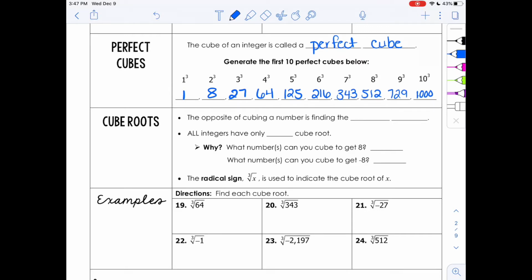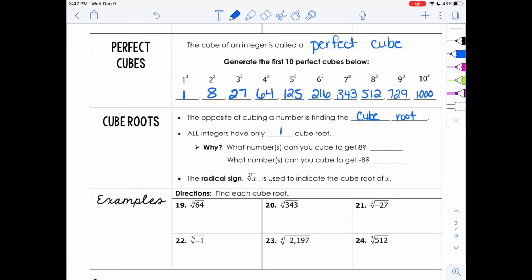So the opposite of cubing a number is finding the cube root. And all integers only have 1 cube root. So it's not like with square roots where you have a positive and a negative. Only cube roots have 1.